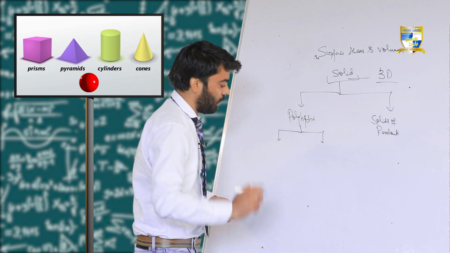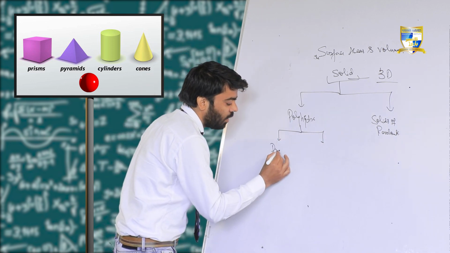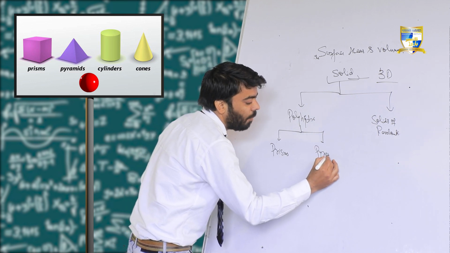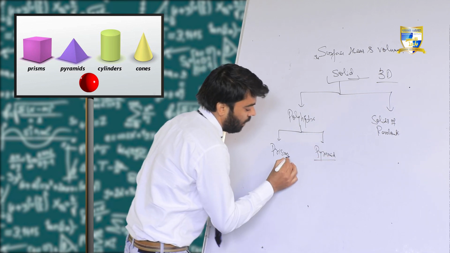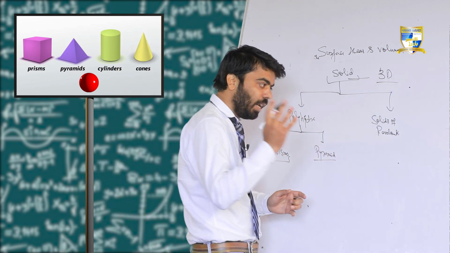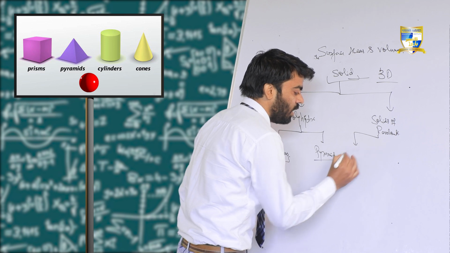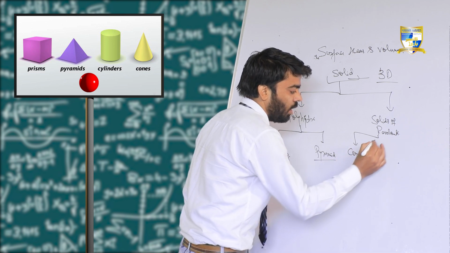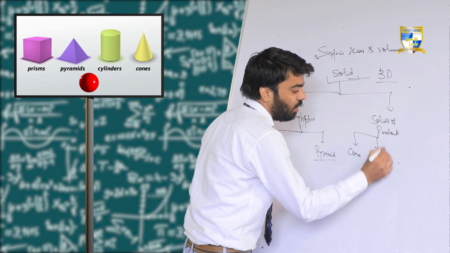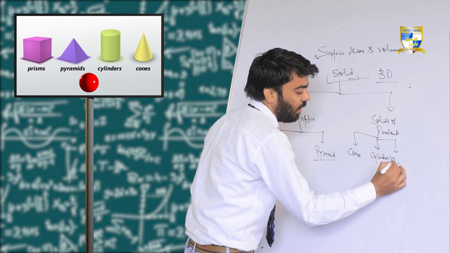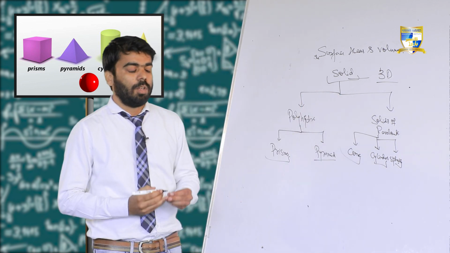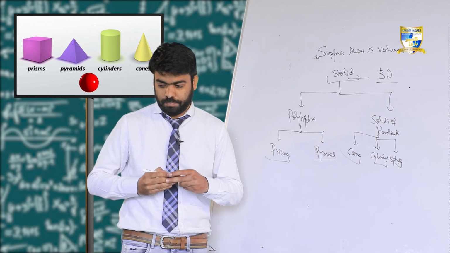Polyhedra are of two types here: one is known as prisms and the second is known as pyramids. What about solids of revolution? Solids of revolution are of three types: one is the cone, the second is the cylinder, and the third is the sphere. Right? So let us discuss what a prism is.